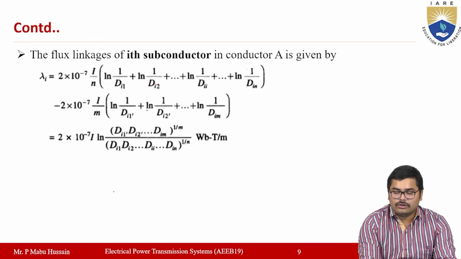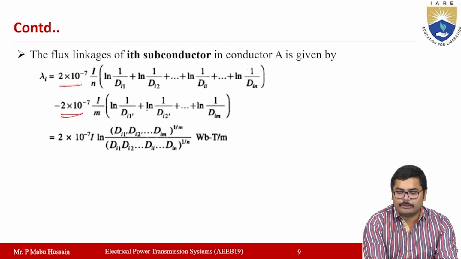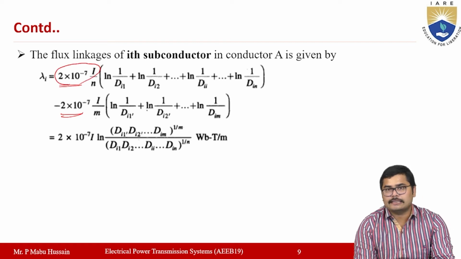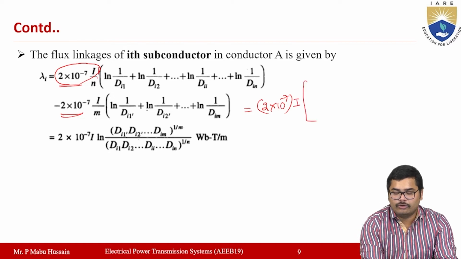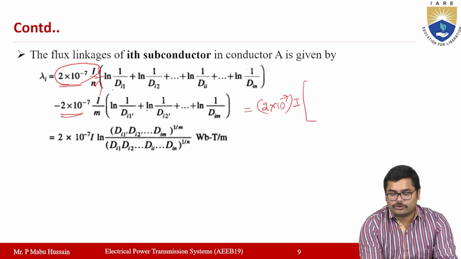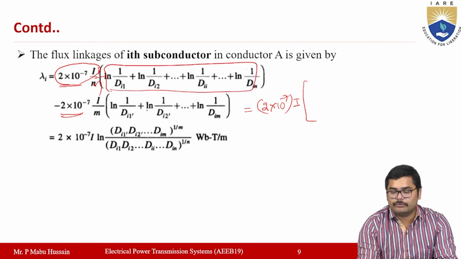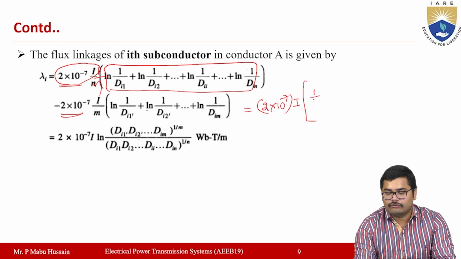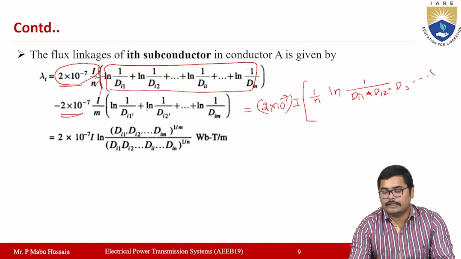Right. Now in both the terms you have 2 into 10 power minus 7 into I as common. You can take it outside. Then in this term you will have 1 by n. So this total term you can write as 1 by n into ln 1 by di1 into di2 into di3 and so on up to din.